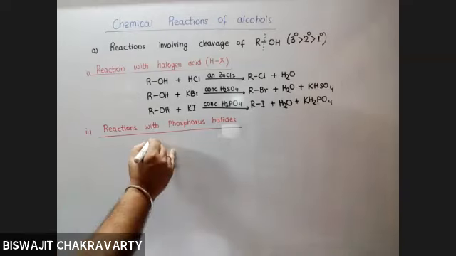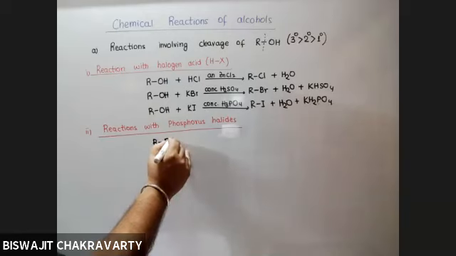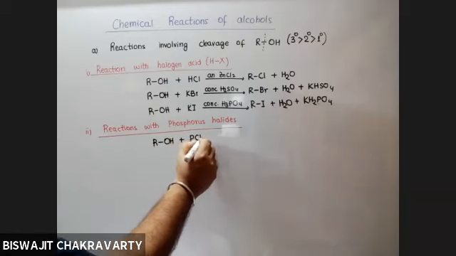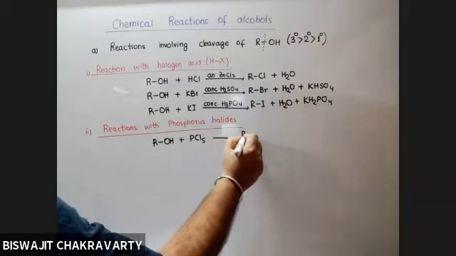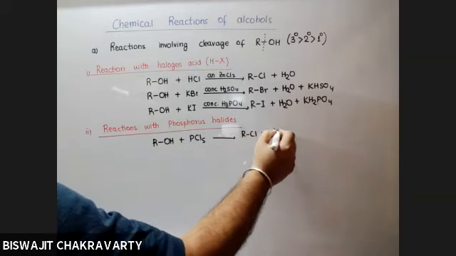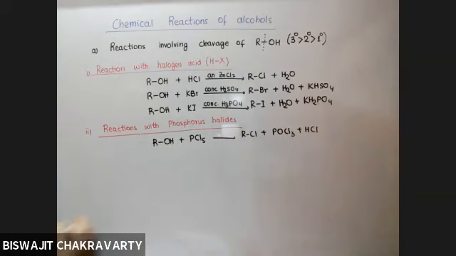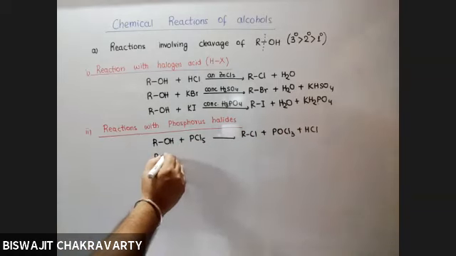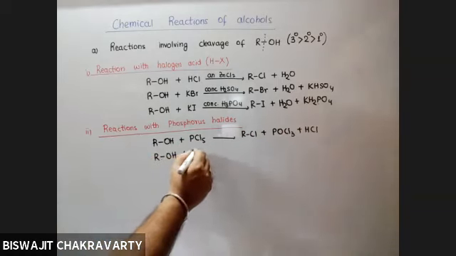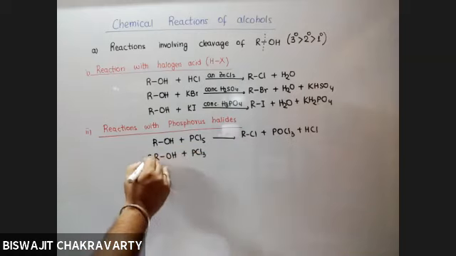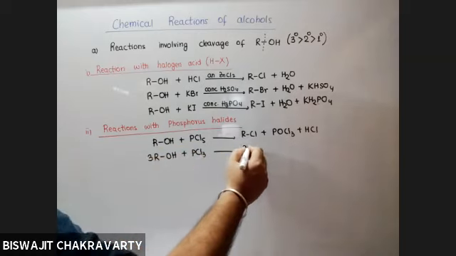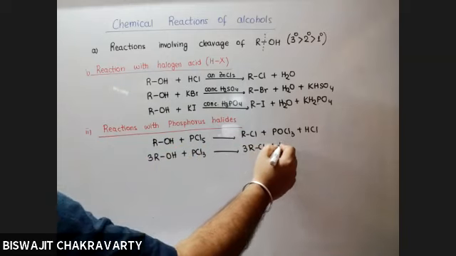Okay, now if it is PCl5, the product will be RCl plus POCl3 plus HCl. If it is PCl3, the product will be RCl plus H3PO3.